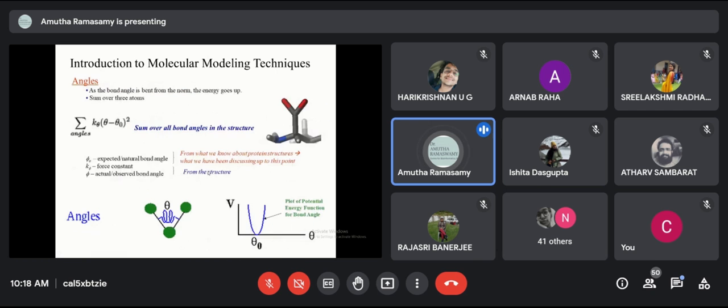What is the second term? Angle. Now we are moving from the two particle or two atomic interaction to the three atomic system, where we locate atom number 1 with respect to atom number 2, considering that 2 is static.